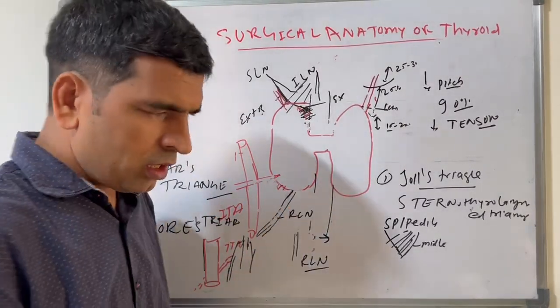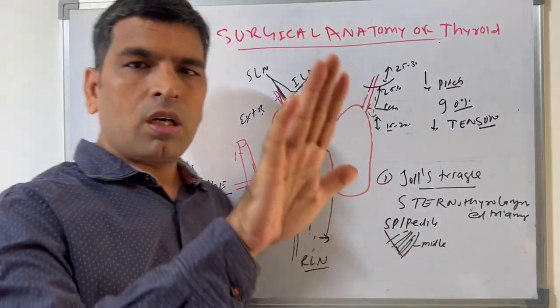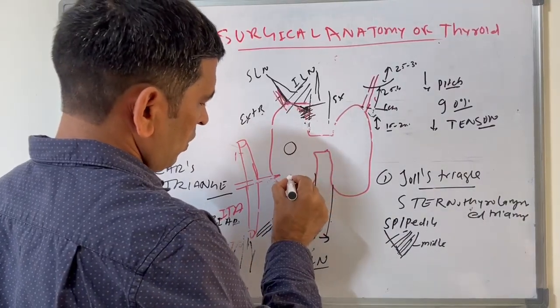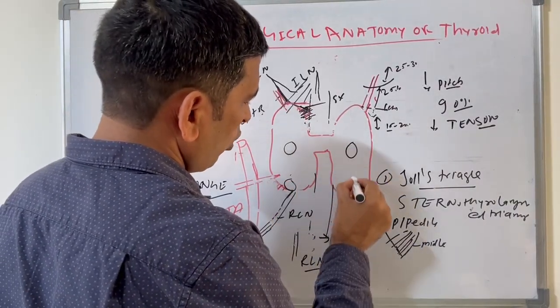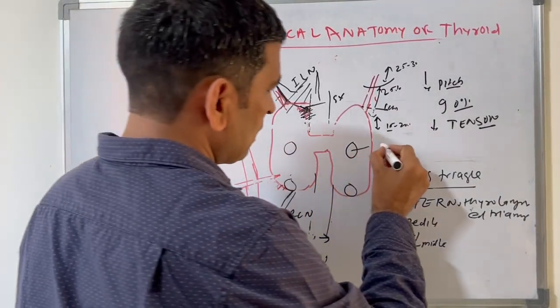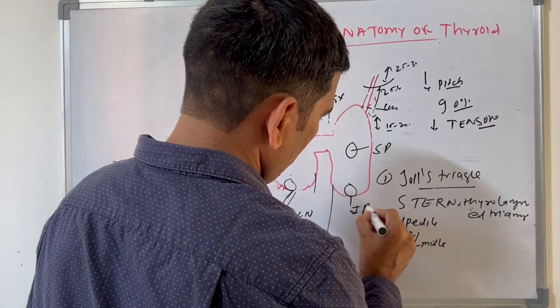Now posteriorly, suppose this is the posterior part of the lobe. Here are four parathyroid glands, commonly four parathyroid glands. Superior parathyroid, inferior parathyroid.